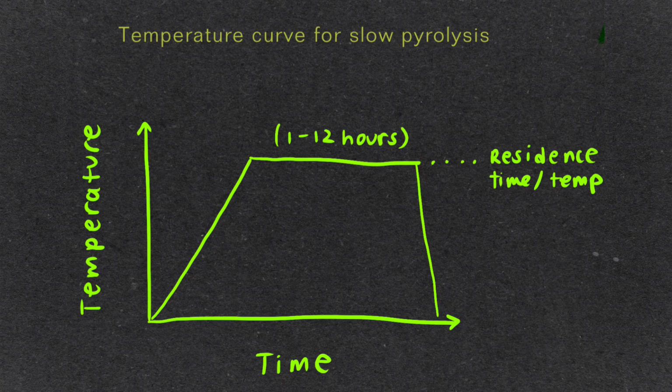There's a residence time and temperature that the biochar is going to stay at when it's really going to be transforming. Then it comes down. When I get more detailed into these production methods, just keep in mind this is the temperature curve that we are looking at and applying to our feedstock material.